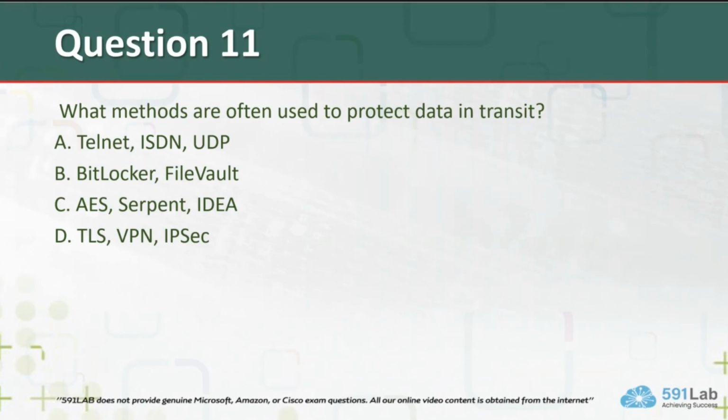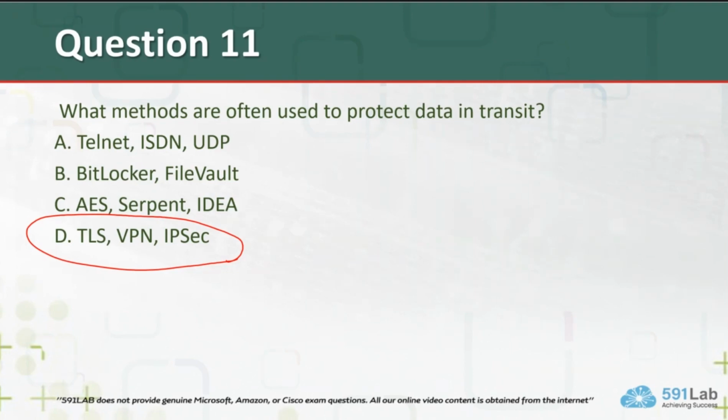So as you can imagine, the answer for this one is D, TLS, VPN, and IPsec. These are protocols used to encrypt data in transit, traversing the network or in motion. So TLS, VPN, and IPsec tunnels are all techniques used to protect data in transit.